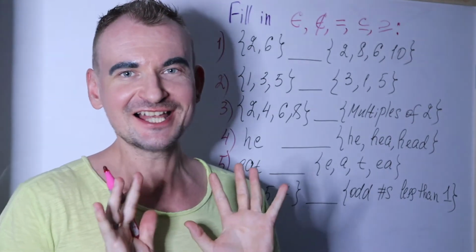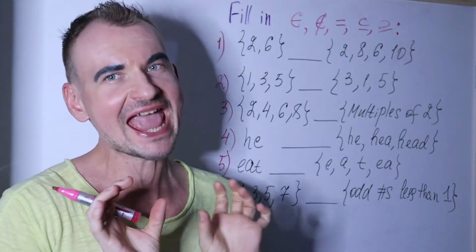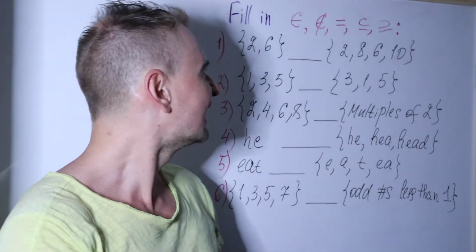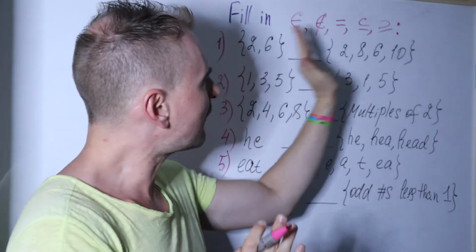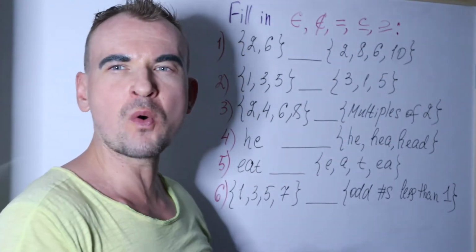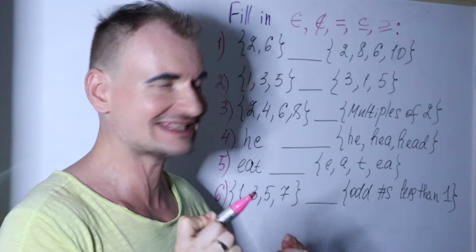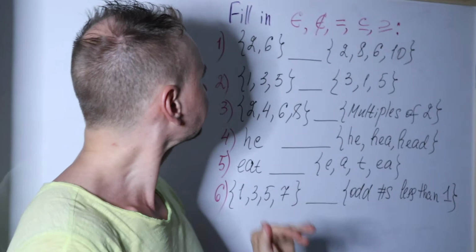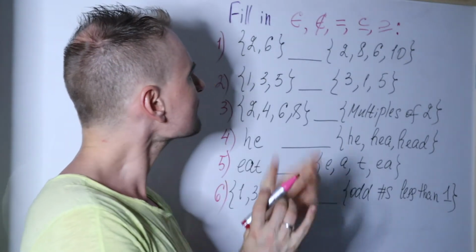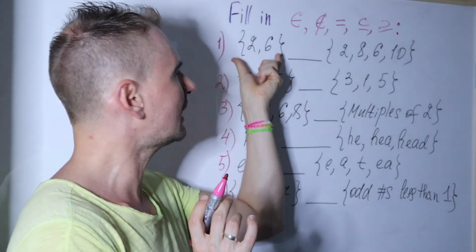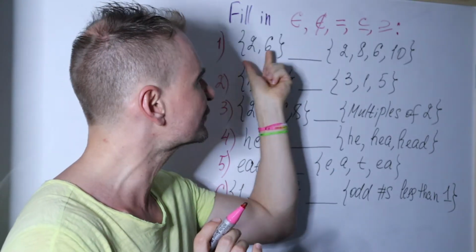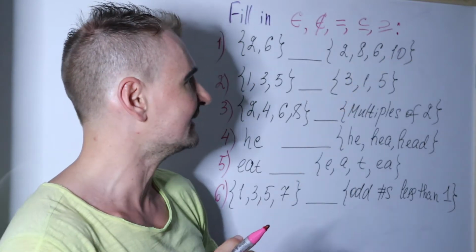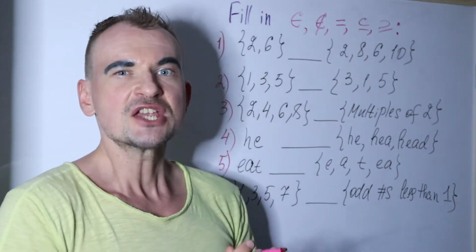If it's still a little confusing to you, let's play a little round of this game. Fill in one of these symbols, or it could be two variations, to make these statements true. The first one, you are given a two element set containing elements 2, 6, and you are given this set containing 2, 8, 6, 10.